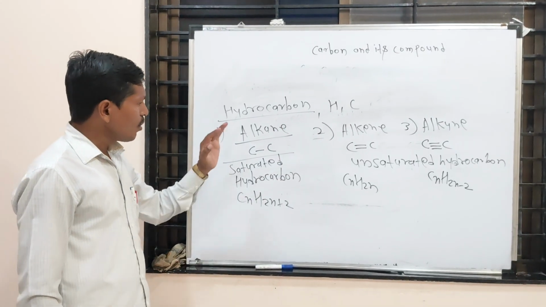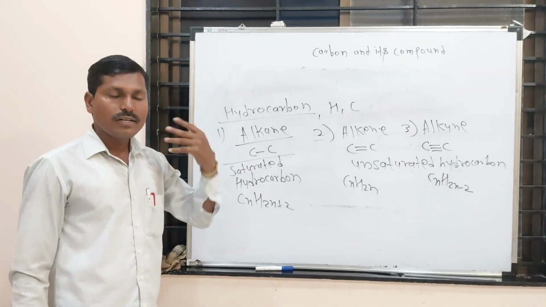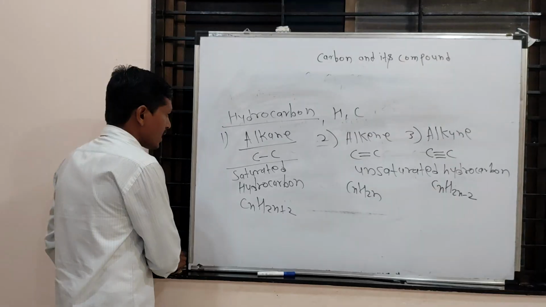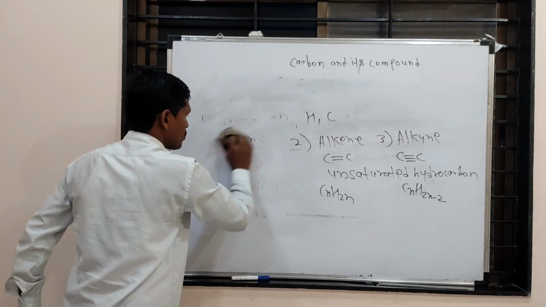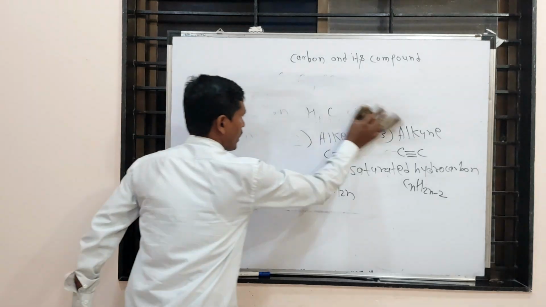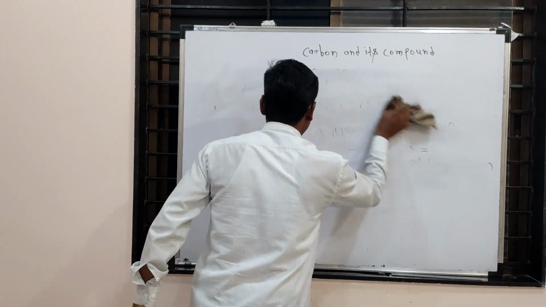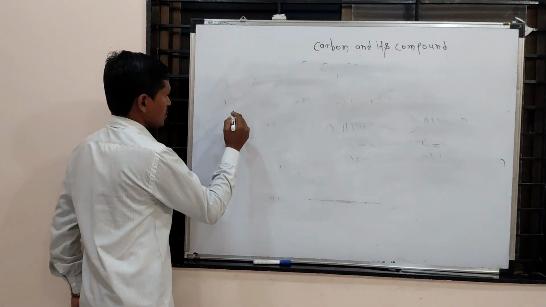Now, how the alkane and alkene undergo different reactions, that I want to discuss. As I told you, alkane undergoes the substitution reaction. We will take one example and we will come to know how alkane undergoes the substitution reaction.